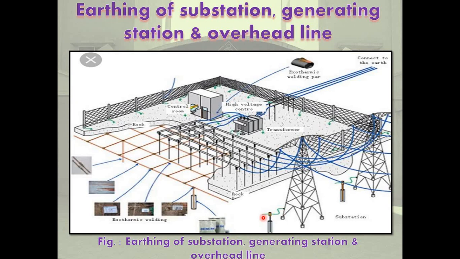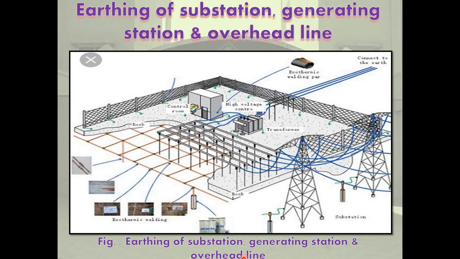Now, what is the size of the earth electrode? Earth electrodes can be of different types. Plate electrode is usually in the form of 1 meter by 1 meter by 12 mm thick cast iron plate. These are used for low voltage installations.